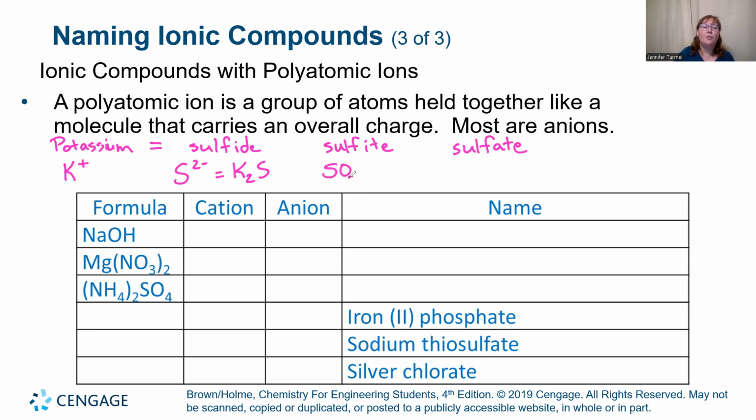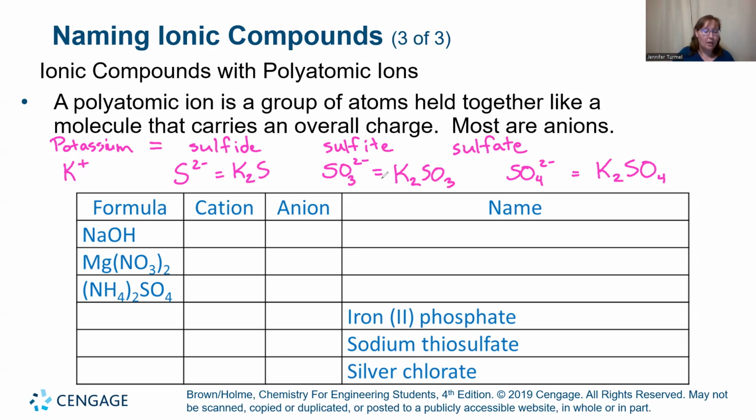Sulfite is SO3 with a 2- charge. So potassium sulfite is K2SO3. And sulfate is SO4 with a 2- charge. So potassium sulfate is K2SO4. So again, if the spelling is not correct, these are very different compounds, even if they look a little bit similar. If the spelling is not correct, it is wrong. So make sure that your spelling is correct. It is just really important that those be correct.